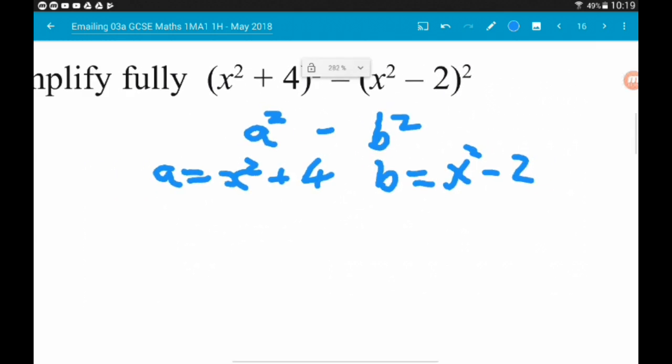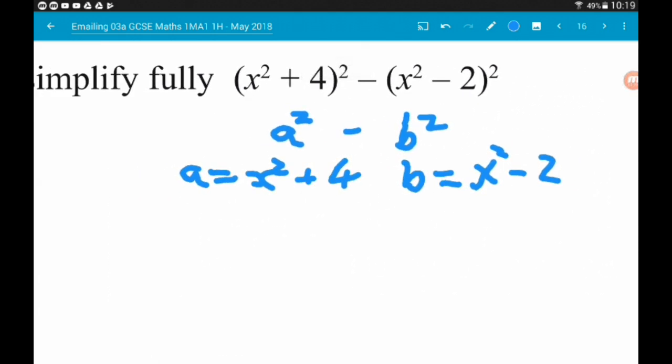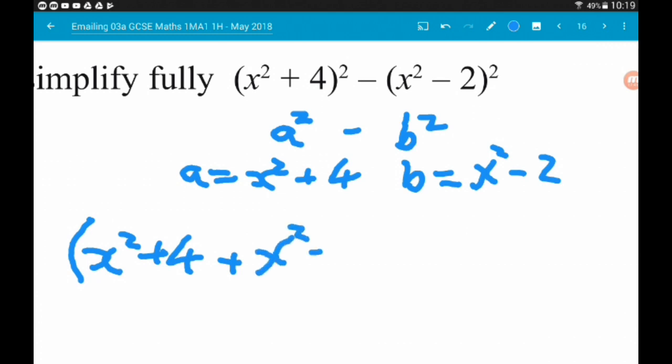So a plus b is x squared plus 4, so that's a, plus x squared minus 2, so that's our a plus b.